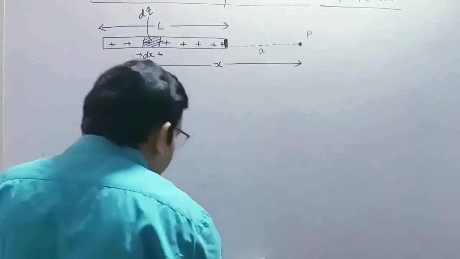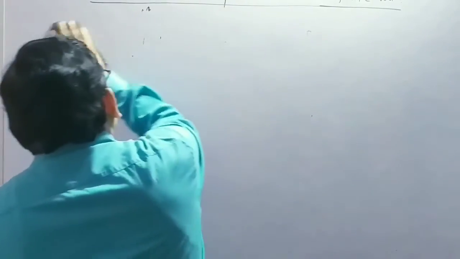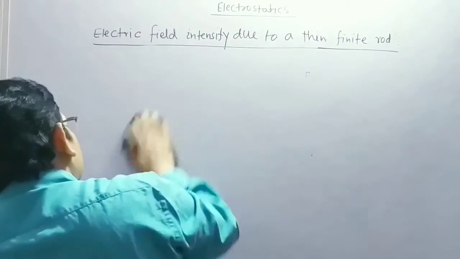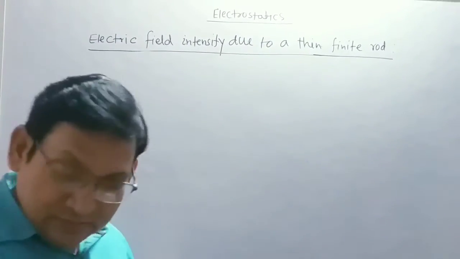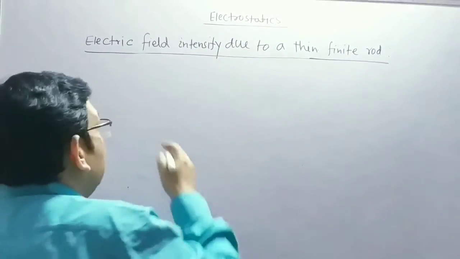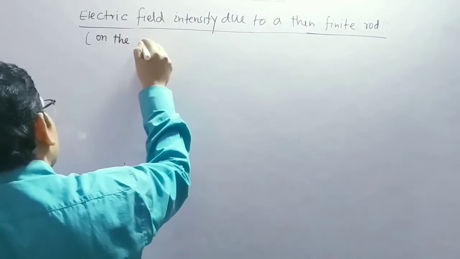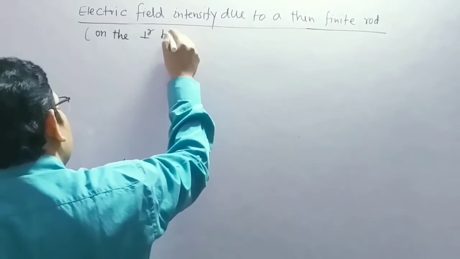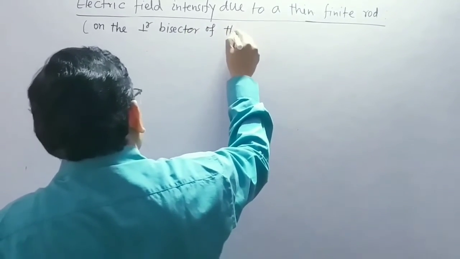This is another application of linear charge density. So, the electric field intensity due to a thin finite rod on the perpendicular bisector.